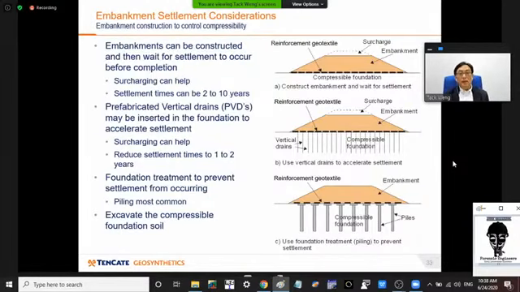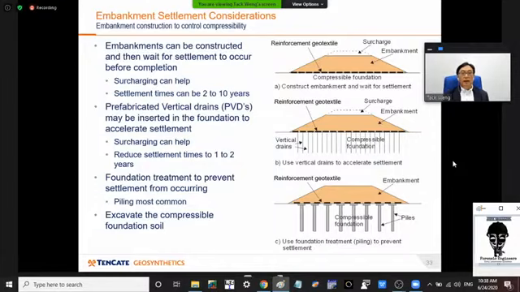What are the techniques that can be used to control settlement or compressibility? You can construct the embankment, wait for the settlement to occur, and then only put on your structure above. And this can take 2 to 10 years. Again, these days we do not have the affordability or the luxury to wait so long. Another method is the use of PVDs to speed up the settlement.